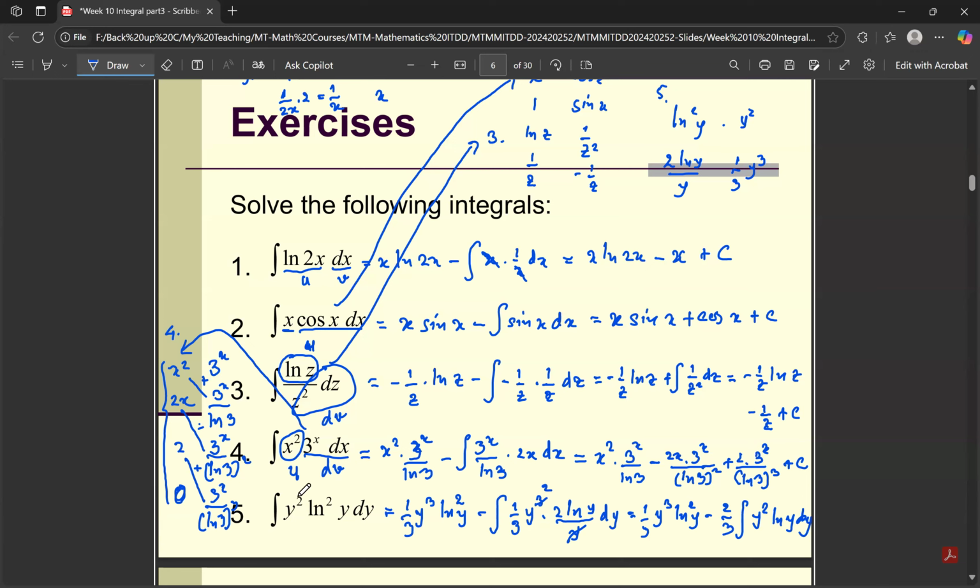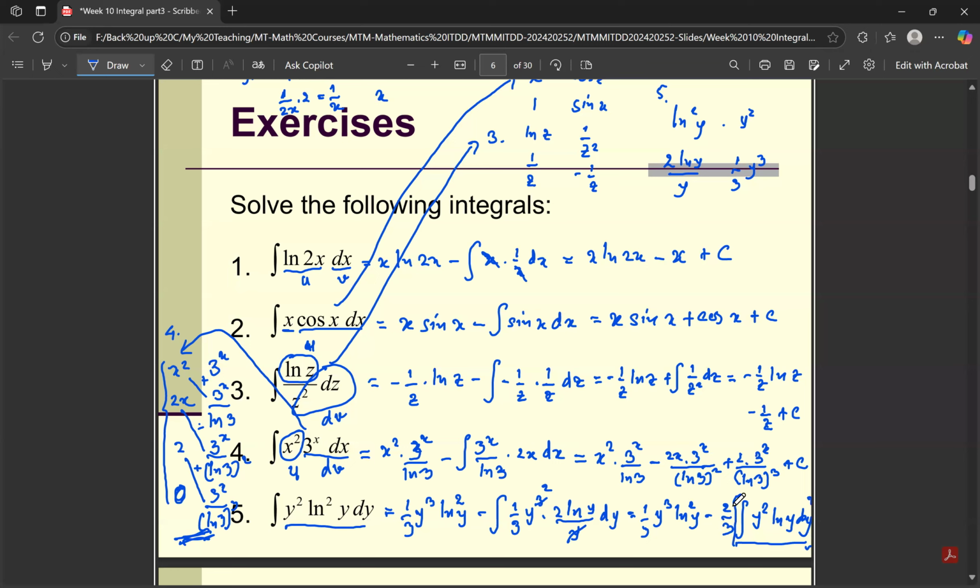You can look at that. The integral on the right is easier than the integral on the left. We cannot apply the column method like in number 4, so we must do the integral by parts manually in the last step.